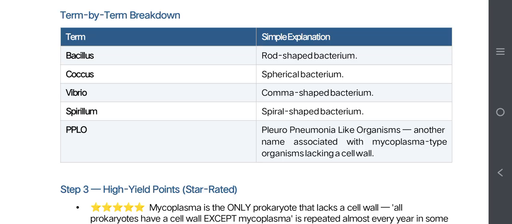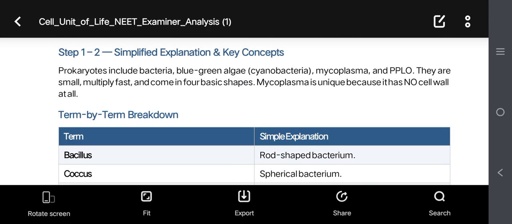Spirillum is a spiral-shaped bacterium. We earlier talked about PPLO. PPLO means pleuropneumonia-like organisms, another name associated with mycoplasma-type organisms lacking a cell wall.